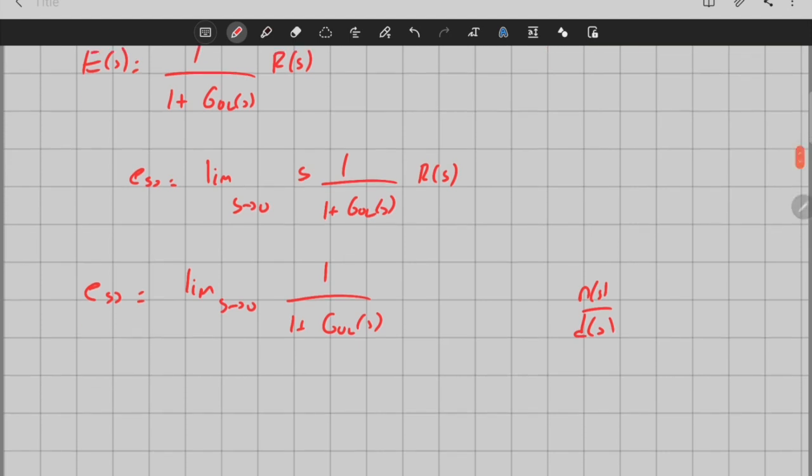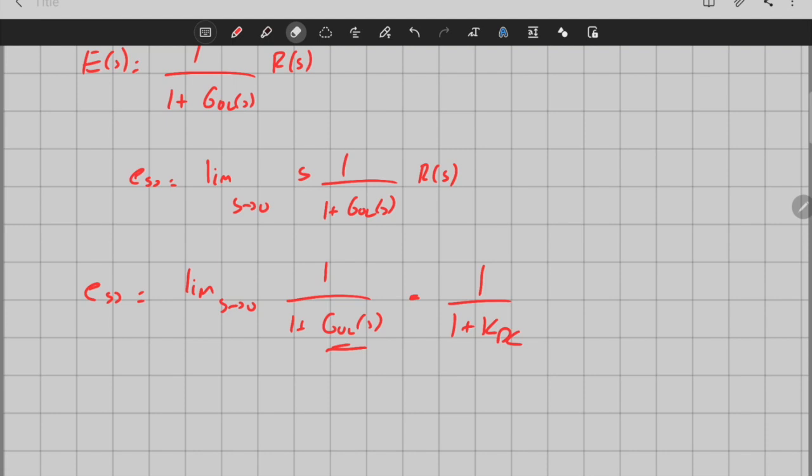Let's assume that this is constant, such that G_OL of 0 is equal to K_DC. In that respect, we know that the steady state error is equal to 1 over 1 plus K_DC. K_DC is the DC gain of the system, if you know it from your circuit classes or signals and systems classes. This is my steady state error.